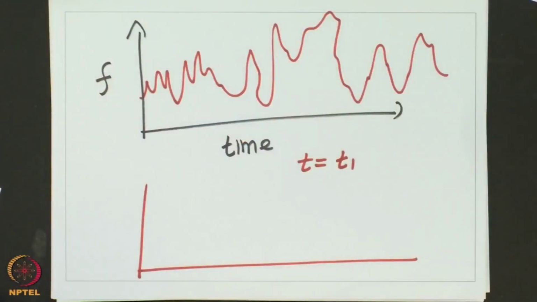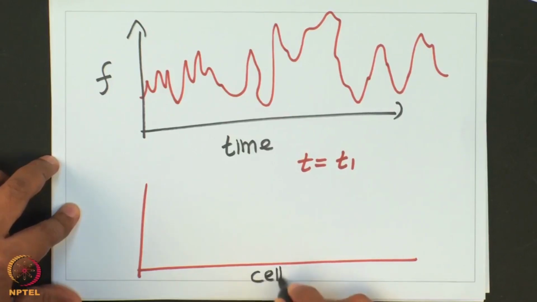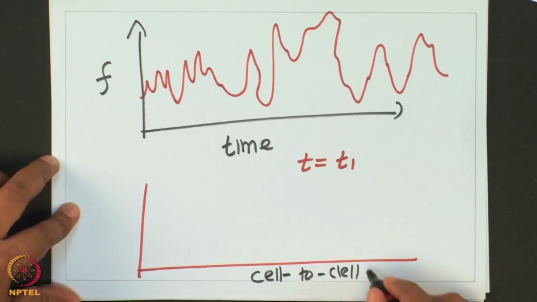So, there is a cell to cell variability, or a population variability across different people or constituents that we are thinking about. This will be the cell number on the x axis, or it could be a person's number. This is called an ensemble.